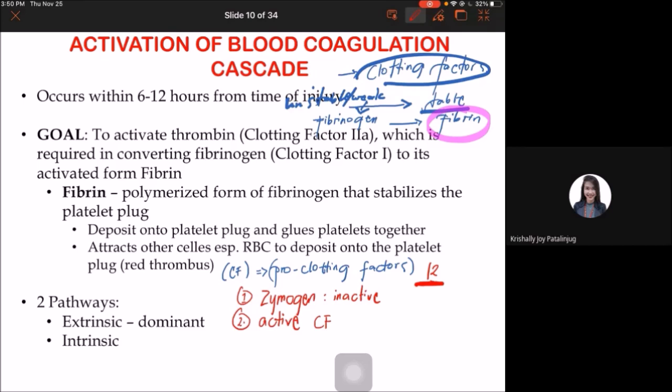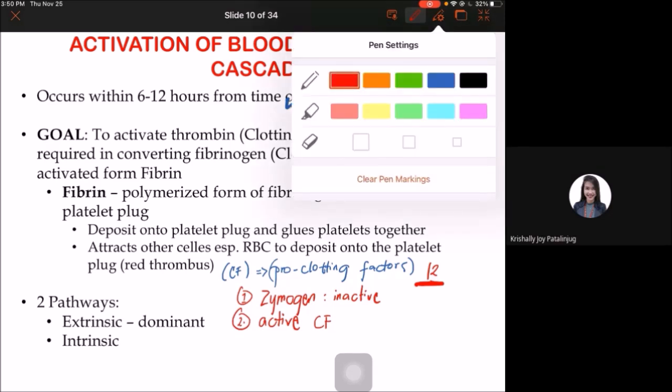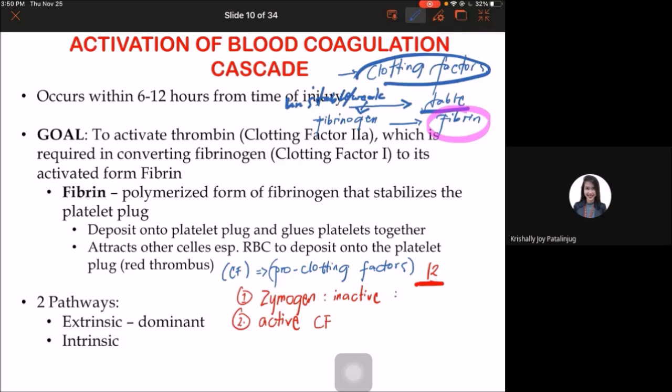So the clotting factors also need to be activated. Usually, for the symbols applied to represent clotting factors, when it is a zymogen, it is only the Roman numeral. For example, clotting factor I in zymogen form is just the Roman numeral. That is inactive clotting factor I. But when there is a letter A beside the Roman numeral, for example Ia, or clotting factor II with a letter A beside it, that is already the activated form of the clotting factor.